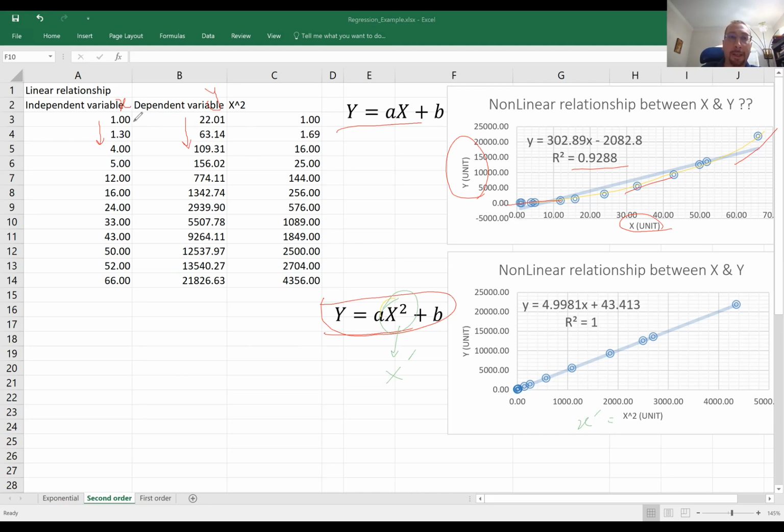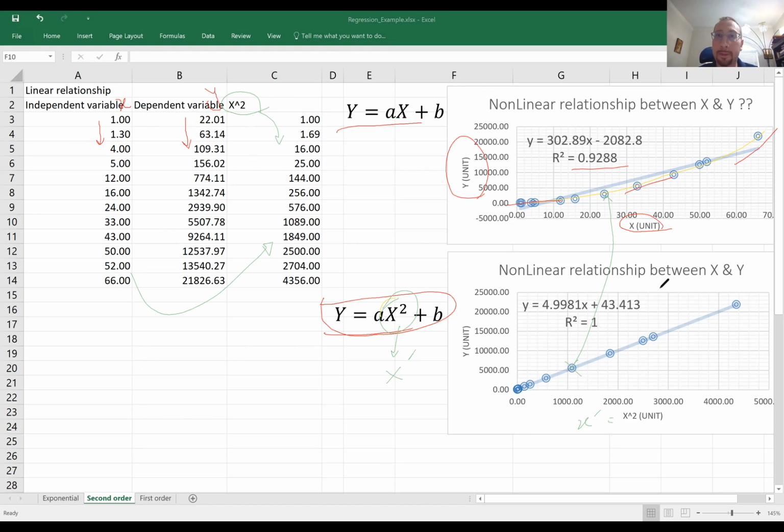Basically, here I define another column, this data here, which is this X to the power of 2. And I plot Y as a function of X squared. So every point here, for instance, this point here is this point to the power of 2.